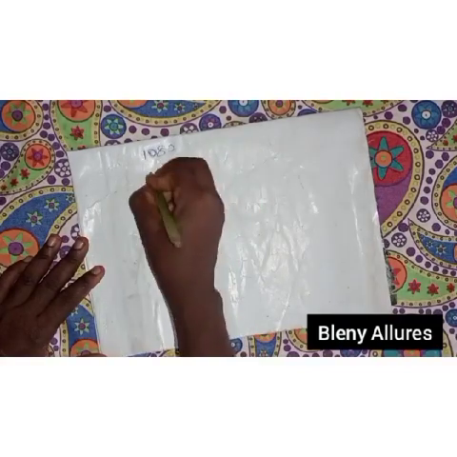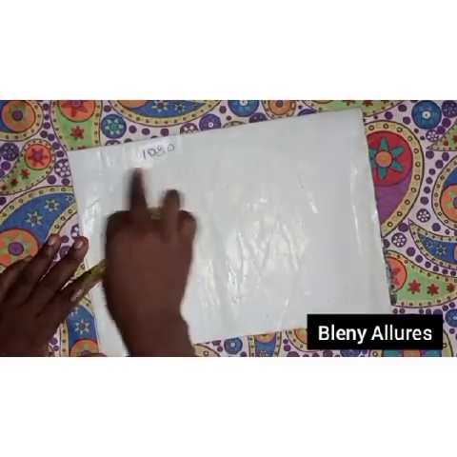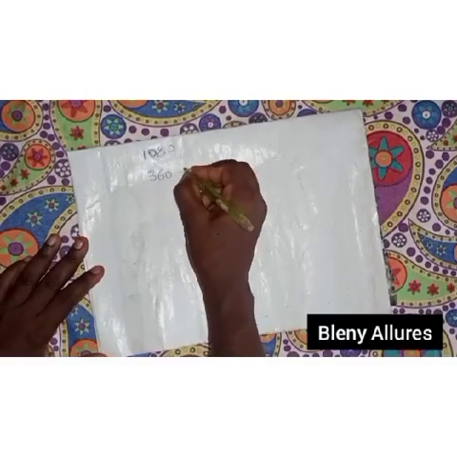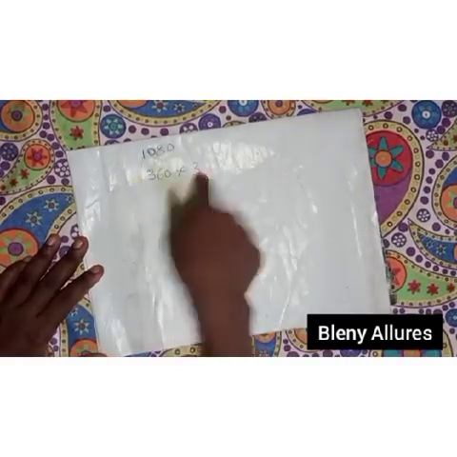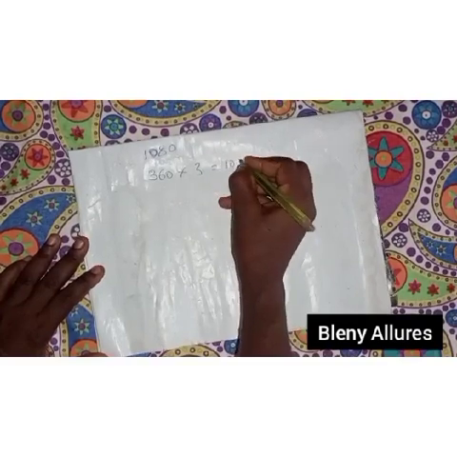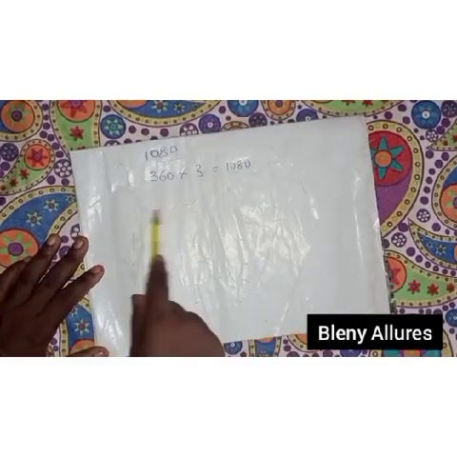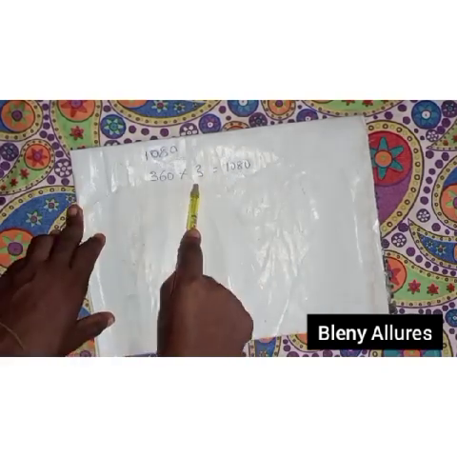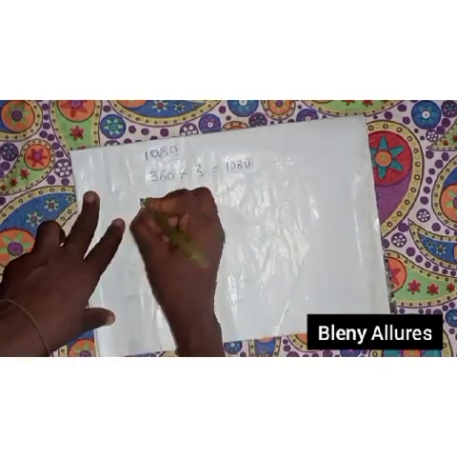So we are going to cut our 360-degree flare 3 times. That is 360 times 3. So that's our 1080-degree flare. You can do your calculation. The next thing we're going to do, we are going to use that formula.